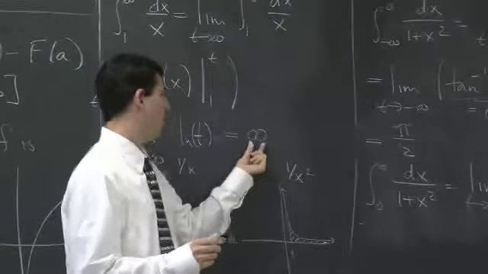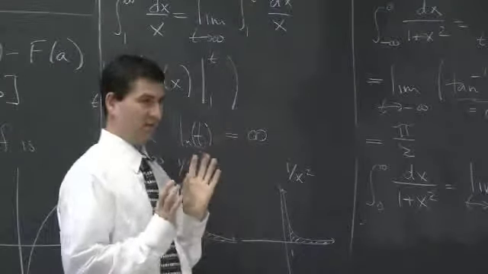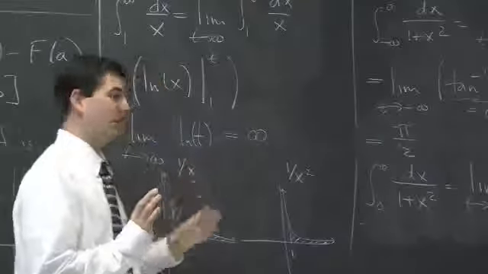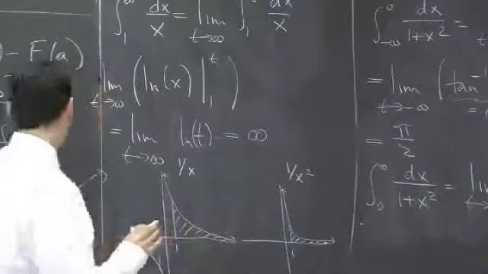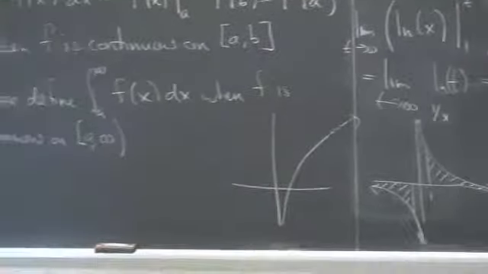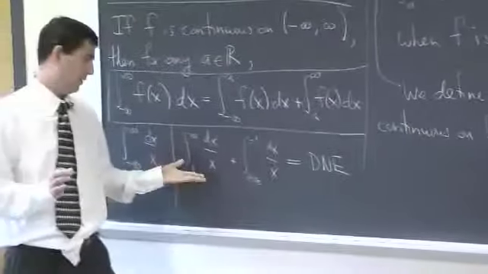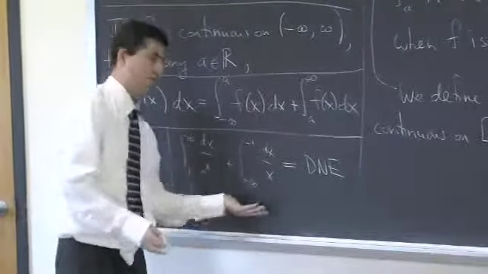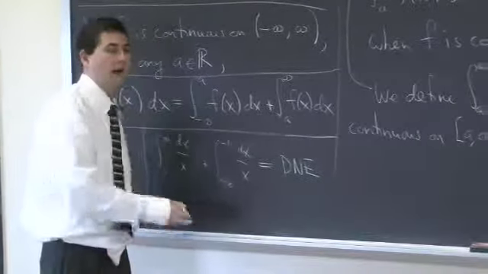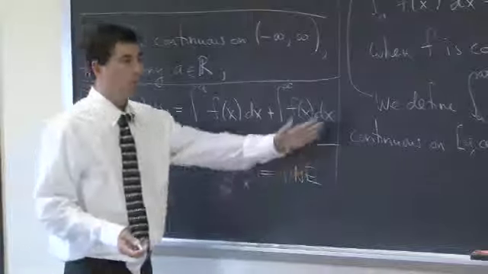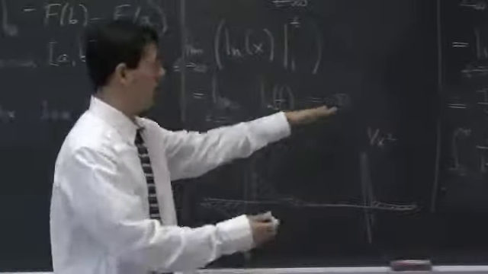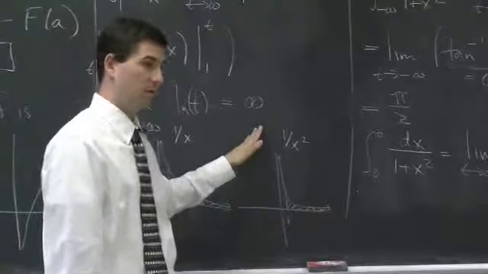Here, we know that the integral doesn't exist, but we know that the reason why it doesn't exist is because it gets infinitely large. Over here, we can't even say that. This is getting infinitely big, this is getting infinitely small. How do you add those things together? We don't know. So we just say does not exist. We could write does not exist over here too. It just wouldn't be as much information.